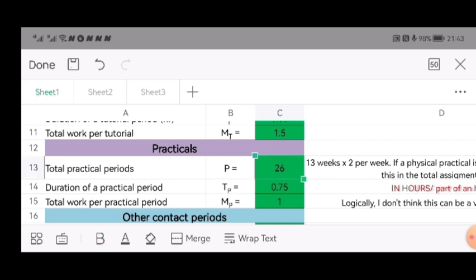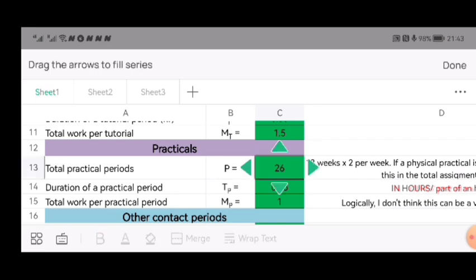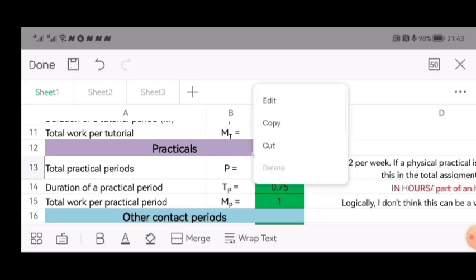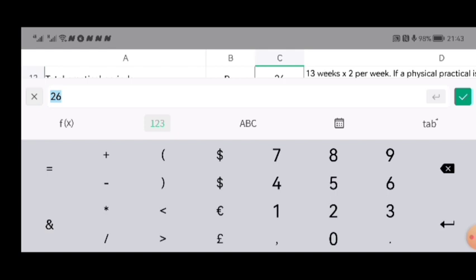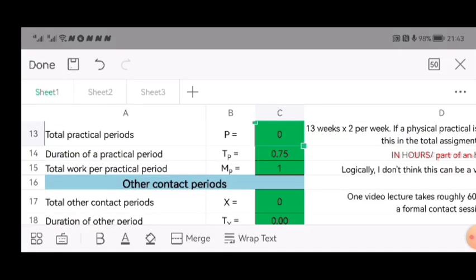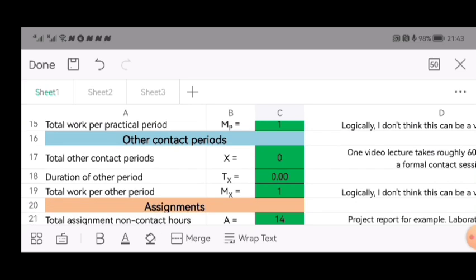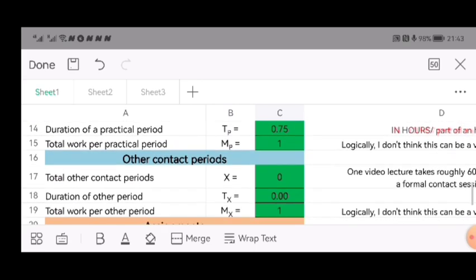Practical periods, let's set it to 0 initially. We're not sure if we're going to do practicals at this point or as assignments. The practicals, by the way, we do as we go along.